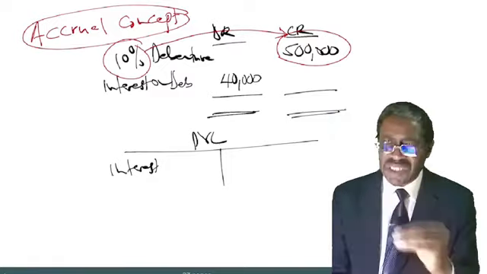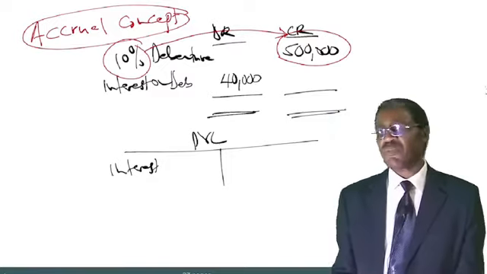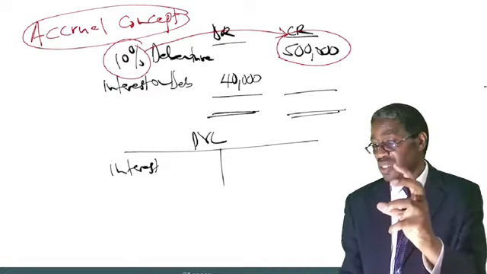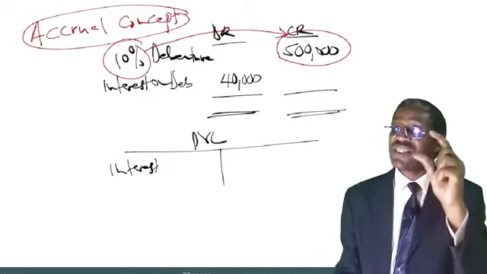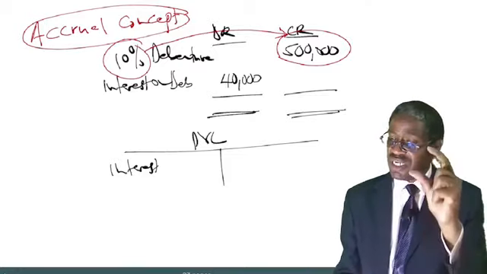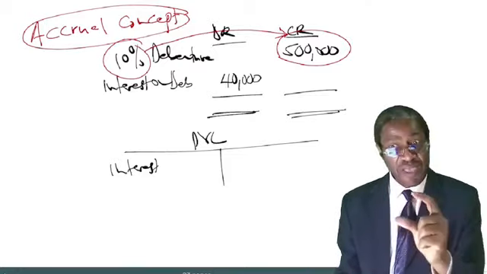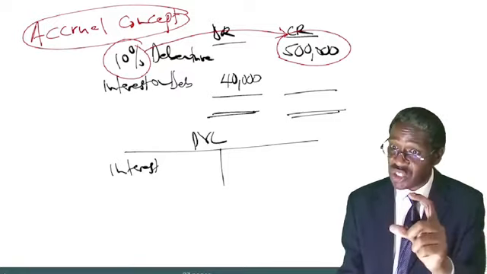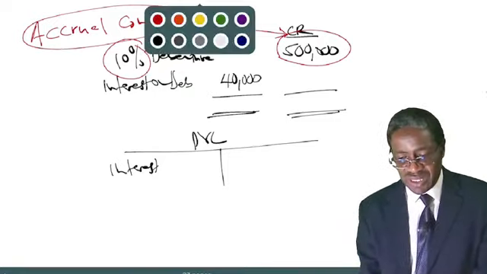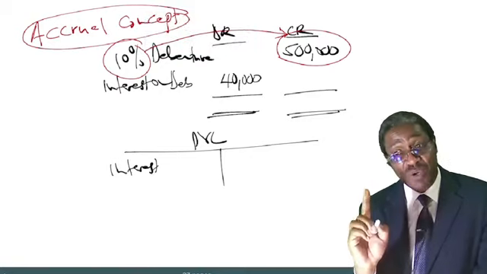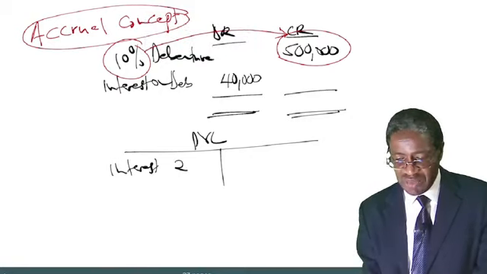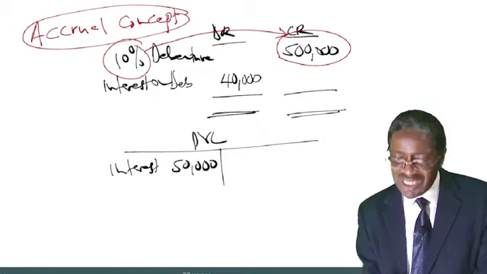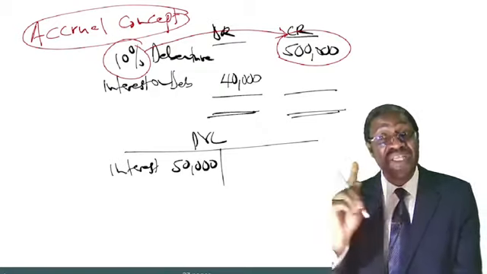What is 10% of 500? 10% of 500 is 50,000. That 50,000 is the charge for the year, whether you have paid it or not. So when I'm doing the income statement for the company, I should charge 50,000. In other words, I recognize the cost when it is incurred.